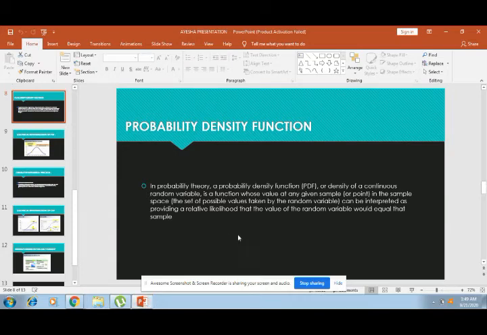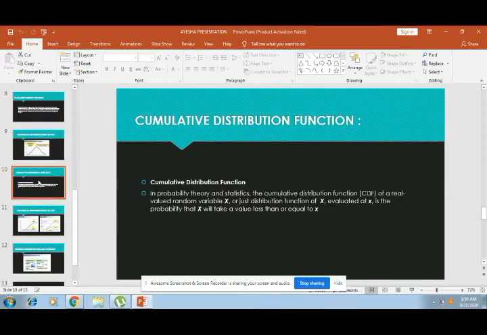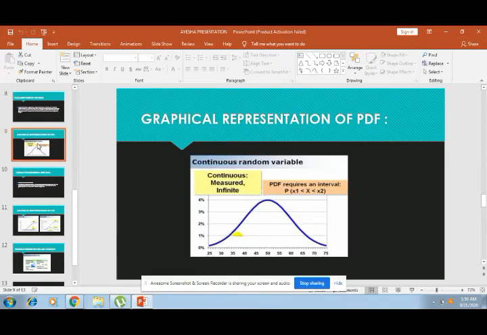Now first I'm discussing what the probability density function is, which is called PDF. In probability theory, the PDF or probability density function is a function whose value at any given sample or any given point is the same. Now I further represent what PDF is in graphical form.